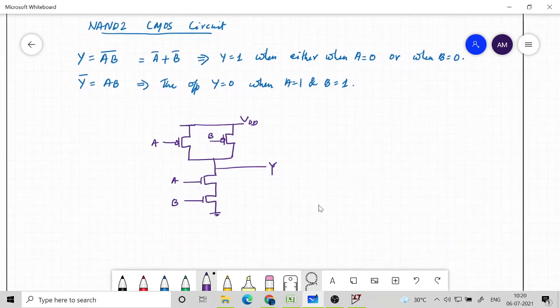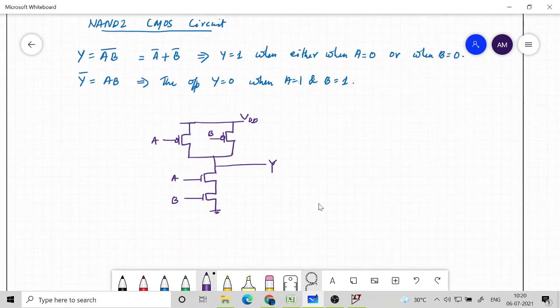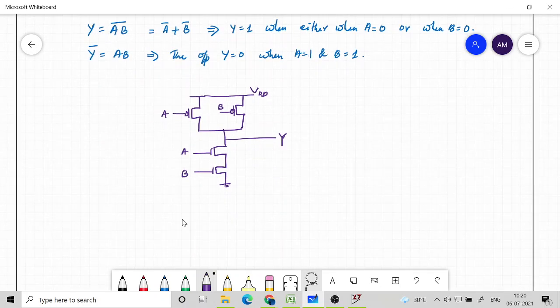Now the next thing is how do we size the transistors here? We know how to size an inverter, and we have a reference inverter, and in terms of that we need to talk about the size.